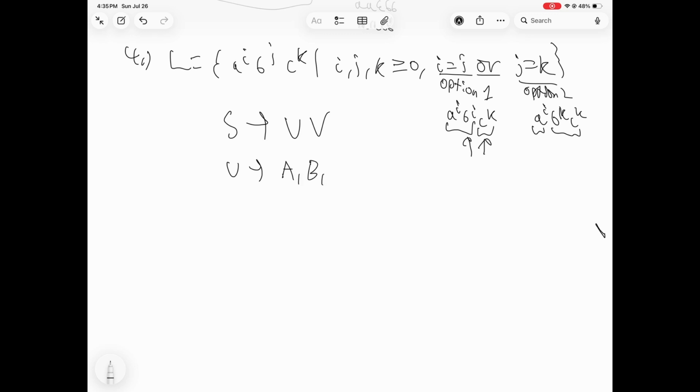So in the A's, what we're going to do, A subscript 1, we're going to go to A, A, B, and this is going to build the left side of our problem. So we have A, A, B, and then we either go to epsilon, and then B subscript 1 is going to go to C, B subscript 1, or epsilon.